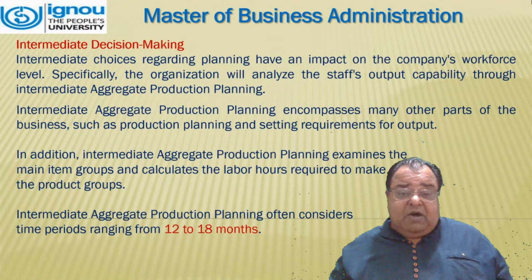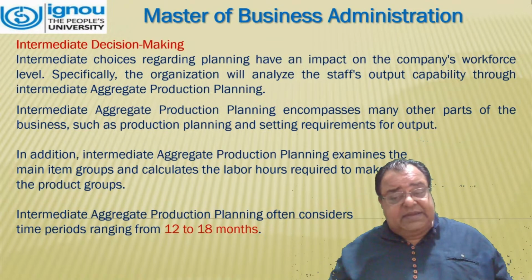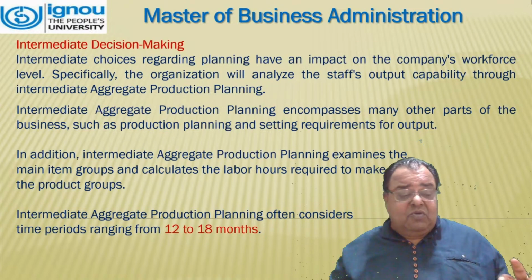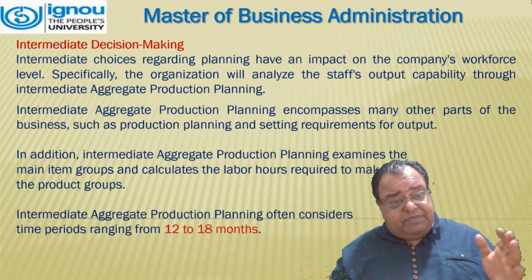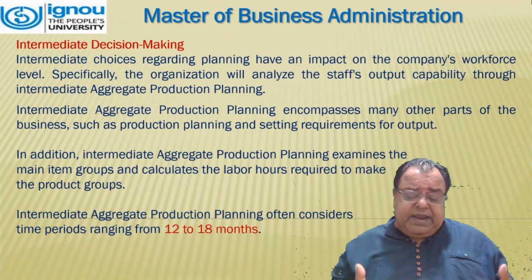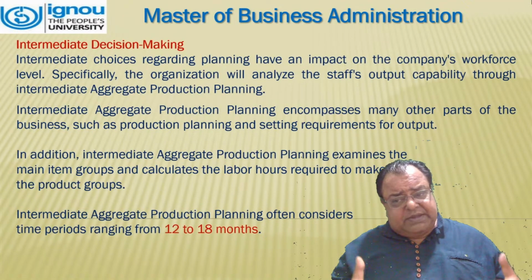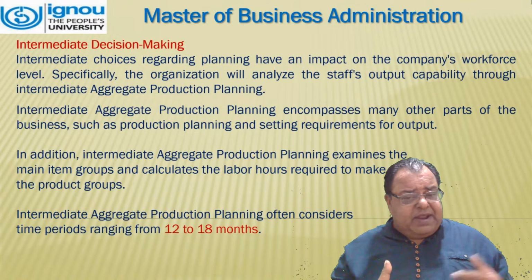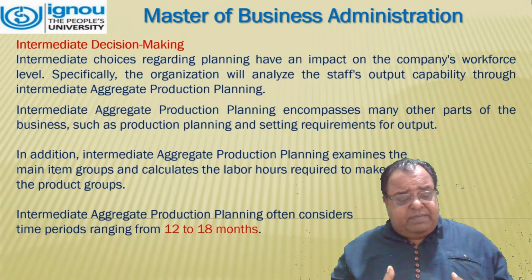Specifically, the organization will analyze the staff's output capability through intermediate aggregate production planning. Intermediate aggregate production planning encompasses many other parts of the business, such as production planning and setting requirements for output.